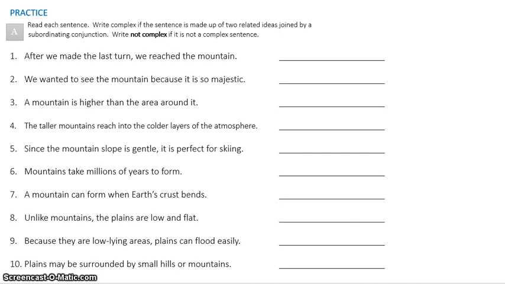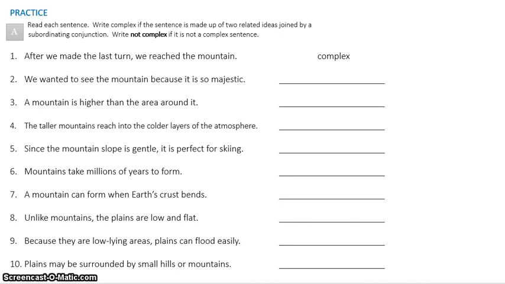After, if you'll notice on your little handy-dandy chart, is a subordinating conjunction. So, in that case, that is a complex sentence. So you need to write the word complex on the line.